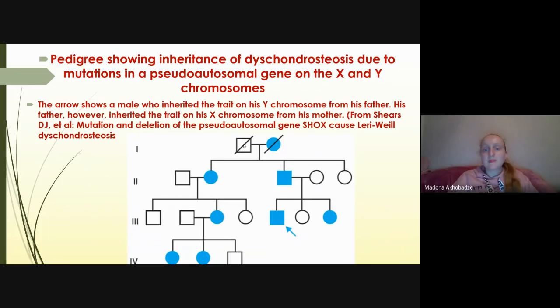His father, however, inherited the gene from the X chromosome of his mother. This arrow shows the X chromosome, and this is the Y from the father. That is a very rare case. This one inherited from the X from the mother, and this one also from the mother.